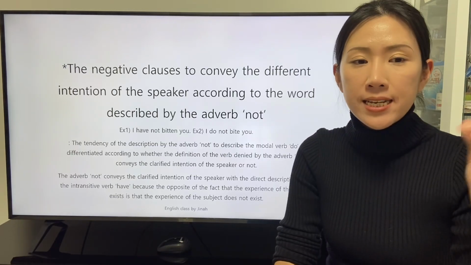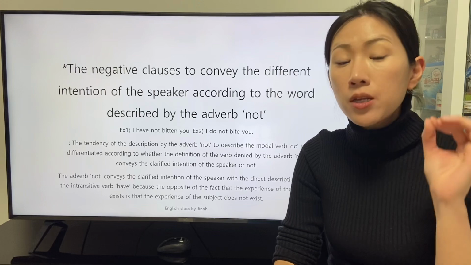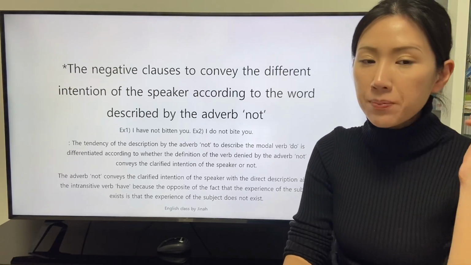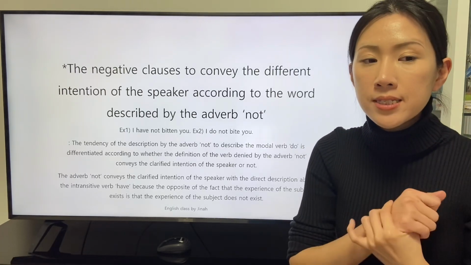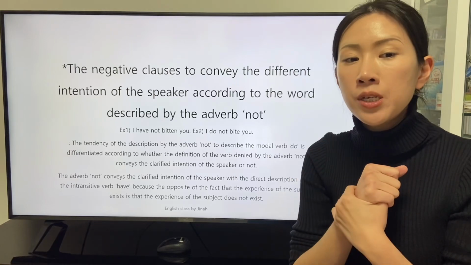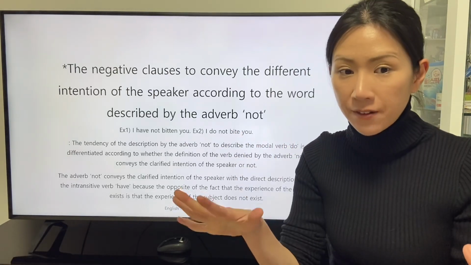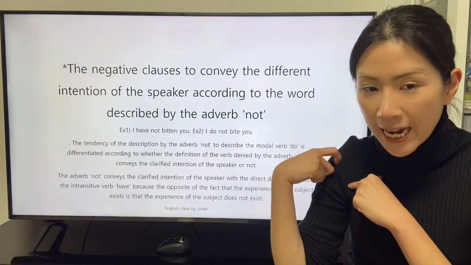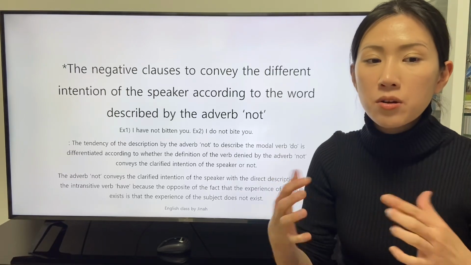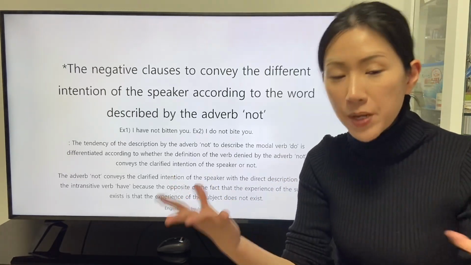The tendency of the description by the adverb not to describe the modal verb do is differentiated according to whether the definition of the verb denied by the adverb not conveys the clarified intention of the speaker or not.